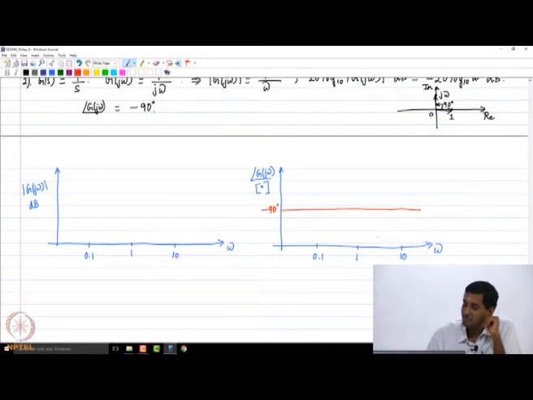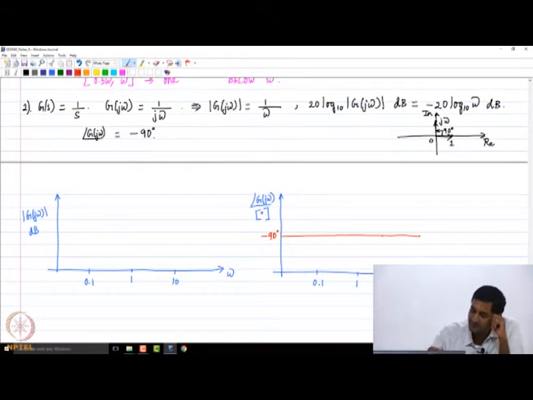But how can I plot the magnitude plot? That is going to be minus 20 log omega. So when omega is equal to 1, what is the value? Let us say you substitute omega equals 1 radian per second in this magnitude value. What do you get? What is log of 1 to the base 10? 0.